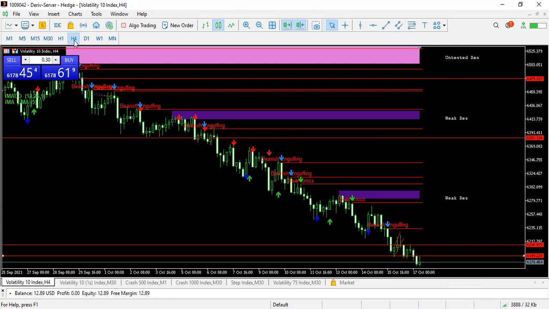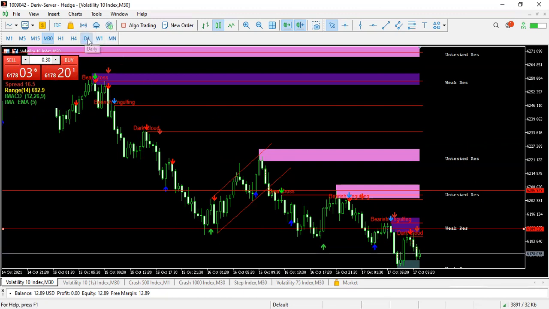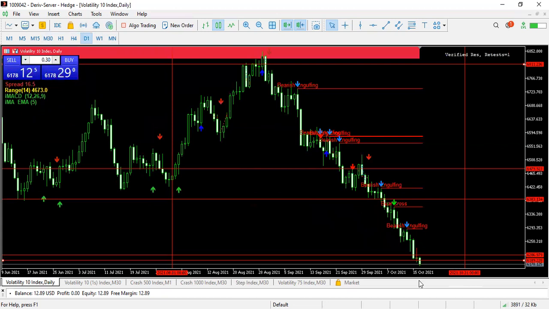One of my students made a mistake. The market he was trading in M30 was in a buying direction, but in D1 the market is in a selling direction.